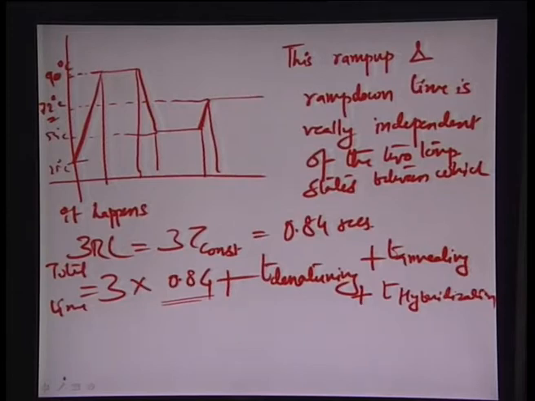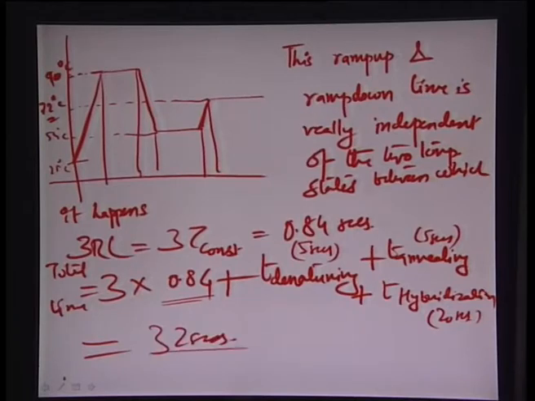So we already know that the annealing and the denaturing times are both 5 seconds, as illustrated in the question itself. From the earlier example where we calculated 1000 base pair DNA, with an extension rate of about 50 base pairs per second, we found out the total time of hybridization is about 20 seconds. So this is 20 seconds, and therefore the total time that one cycle would need really is about 32 seconds in this case.